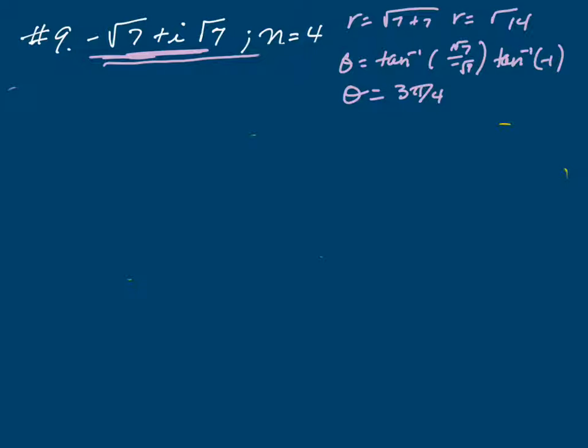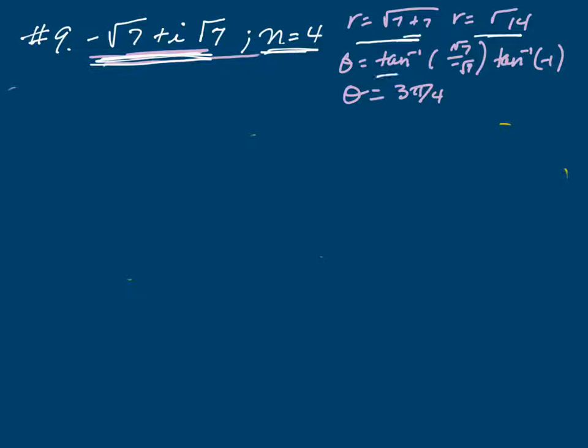Okay, for number 9, you're given this complex number and you want the fourth root of it. So we have to find r. So r would be the square root of 7 squared, which is 7, and then another square root of 7 squared is 7. So you get r is the square root of 14.